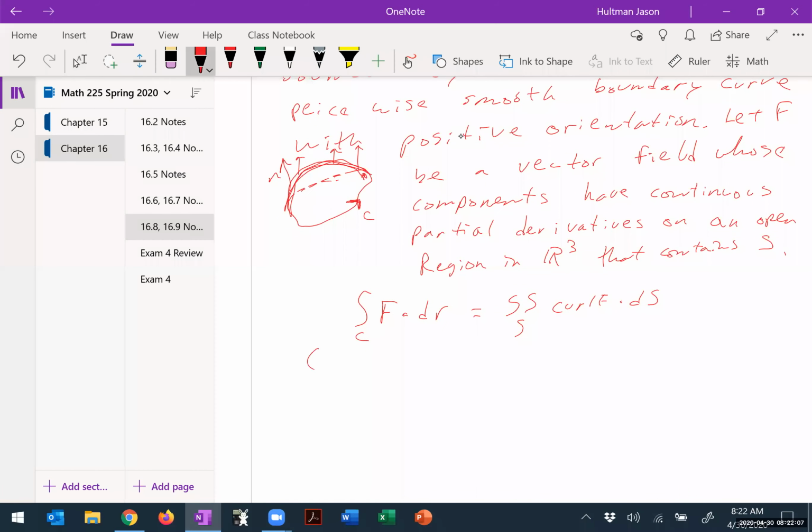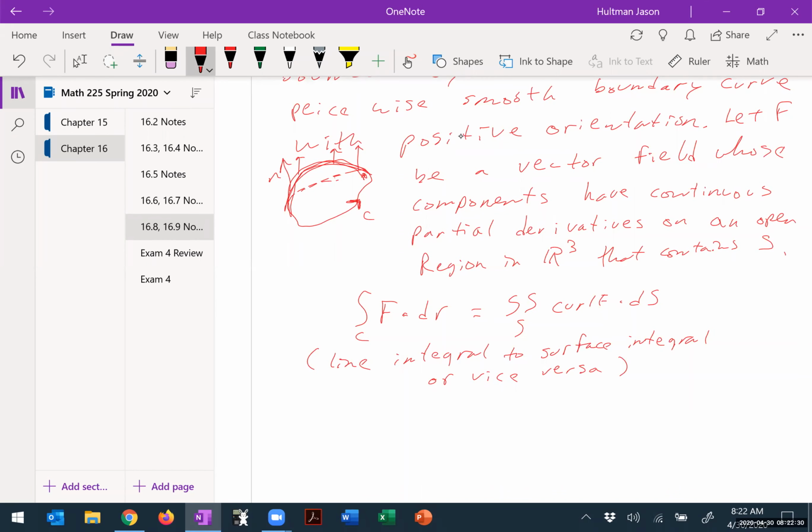Basically we have a line integral to a surface integral, or vice versa. Line integral to surface integral or surface integral back to line integral.